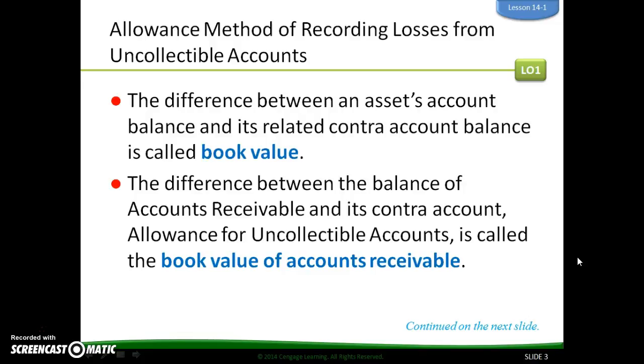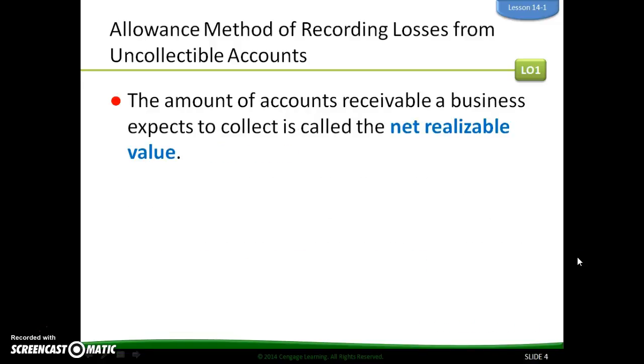So when you're talking about, here's what it says that we are owed, but we recognize we're going to have to write some of that off, the difference between that is the book value. And the difference between the balance of the accounts receivable and the contra account is the book value of accounts receivable. So the amount of the accounts receivable that a business expects to collect, they call the net realizable value.